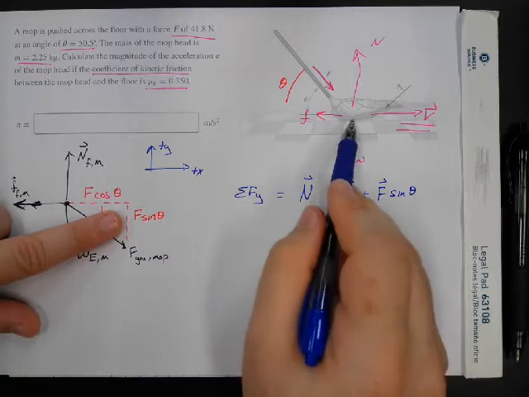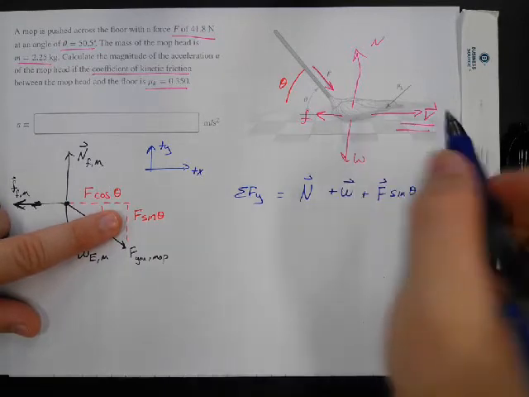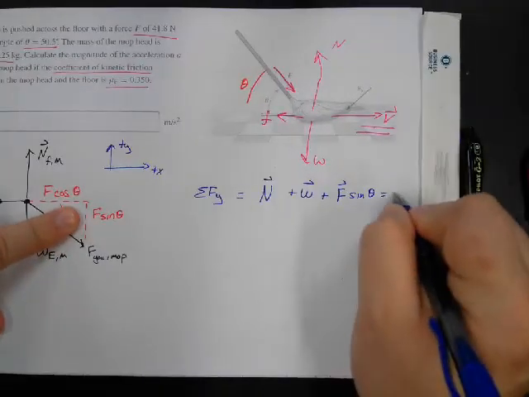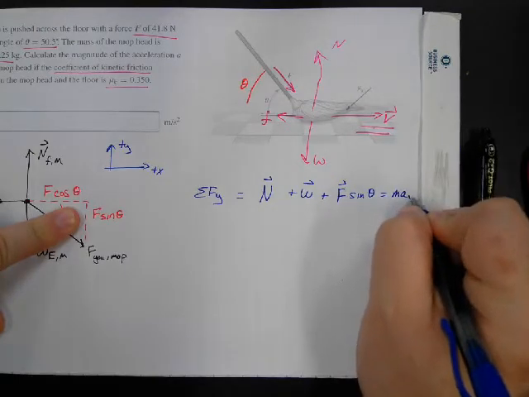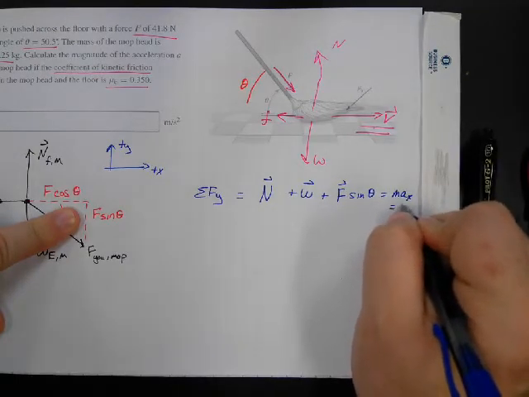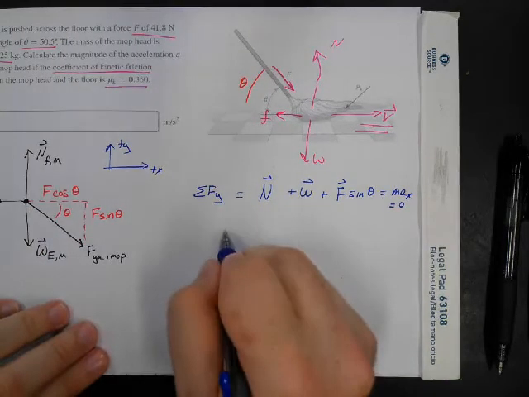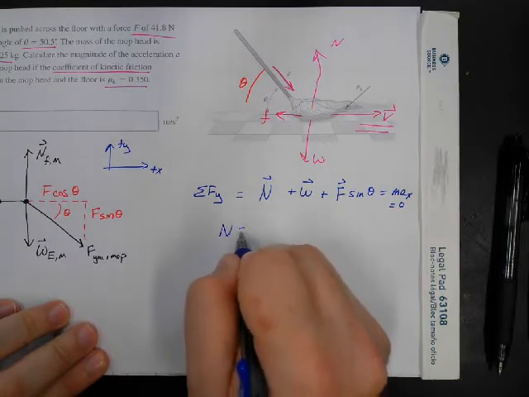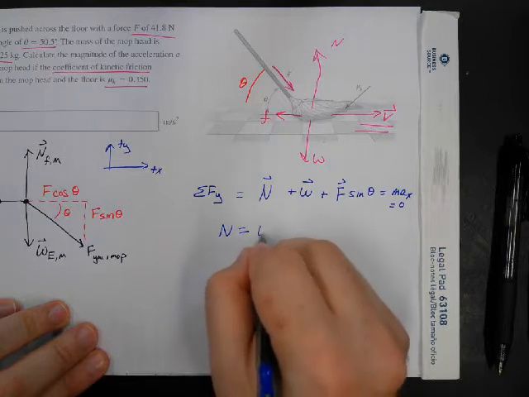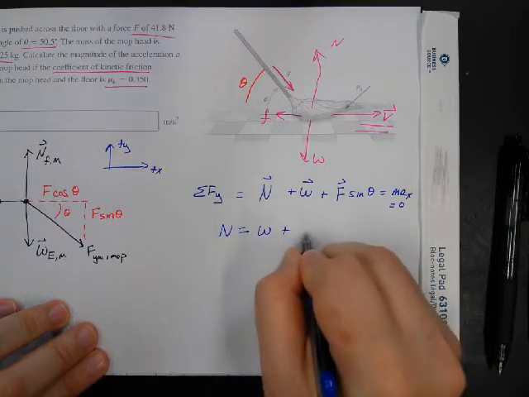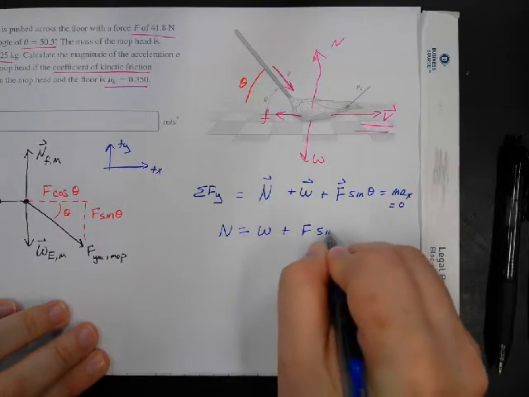And since the mop's not plunging through the floor or rising off the floor, this is the mass times acceleration in the y direction, which equals 0. So this tells us that the normal force equals the weight force plus F sine theta.